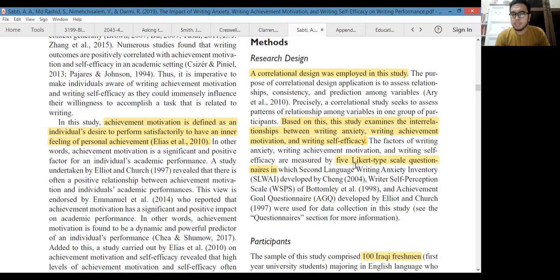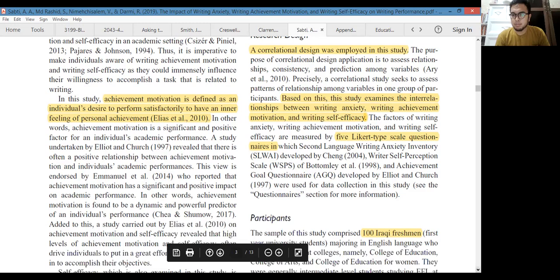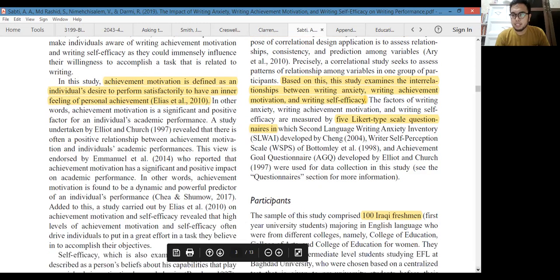And then in collecting the data, they use some instruments here, and the analysis uses Likert type scale questionnaires, and also writing task analysis.